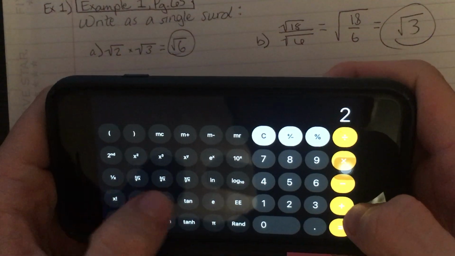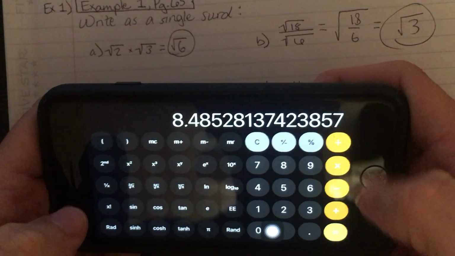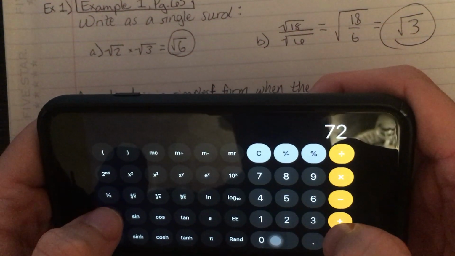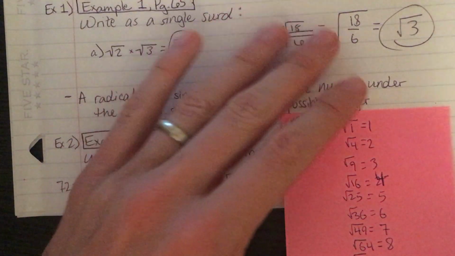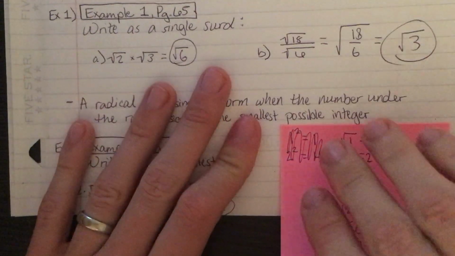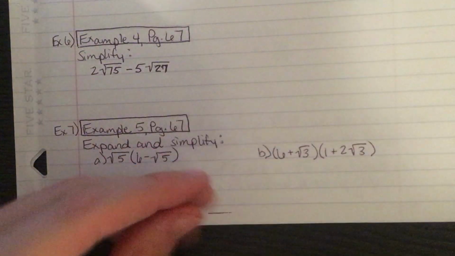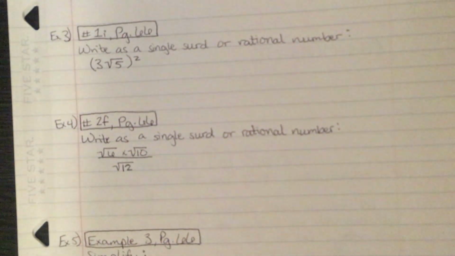If you take the square root of 2 and multiply it by 6, you get 8.48. And if you take the square root of 72, you get 8.48. Those are equivalent. All we are doing is manipulating it to make it easier to work with. So we're going to be doing a lot of surd math here.